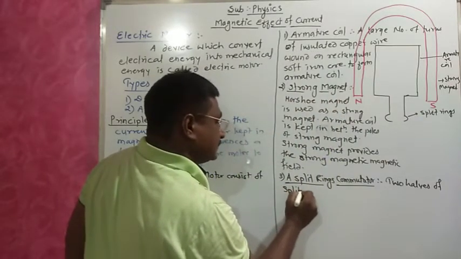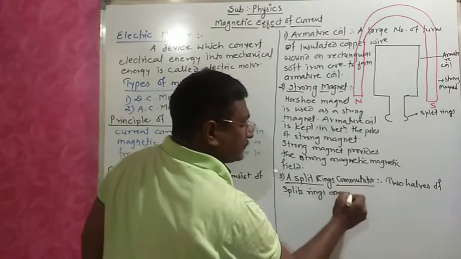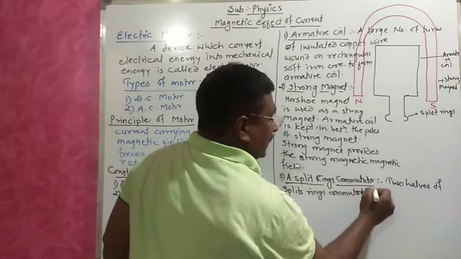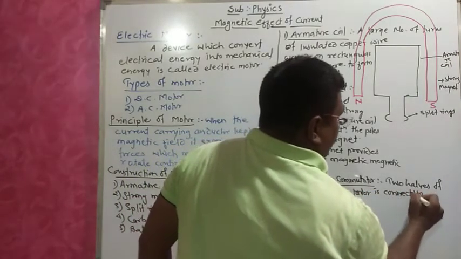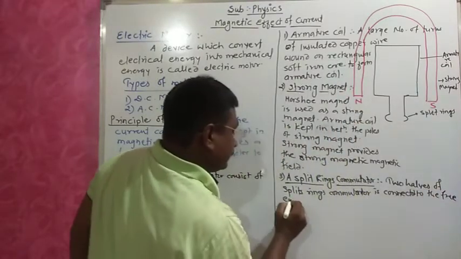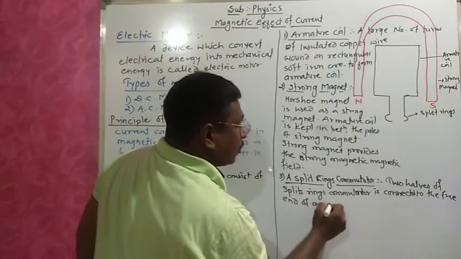The split rings commutator is connected to the free ends of the armature coil.